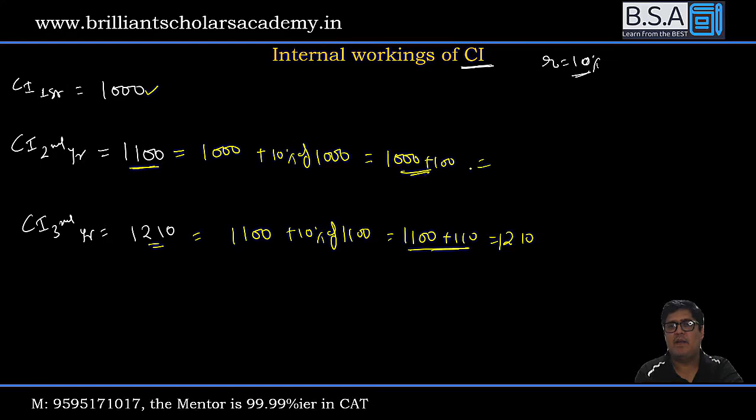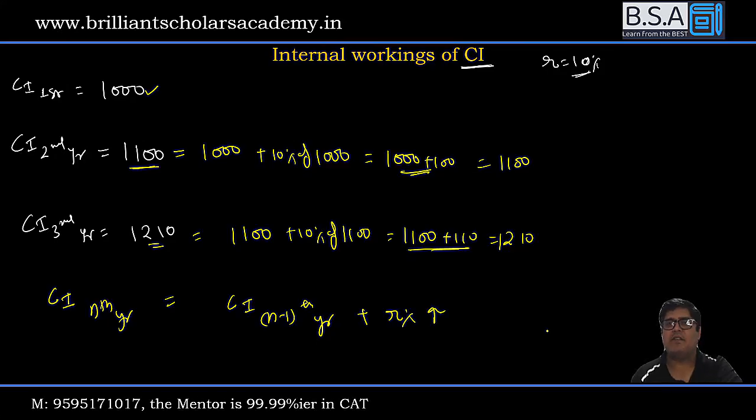Does this number match with the 1100 value? Now, as a formula, it looks complicated, but listen to the wording. Compound interest of the nth year could be third year, fourth year, fifth year, is, listen to this, compound interest of the previous year increased by R percentages.